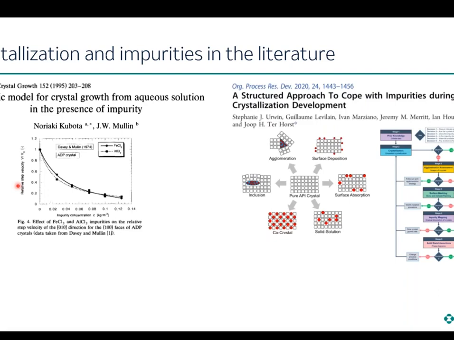More recently there's been a nice guide for the practitioner, from CMAC in the UK in combination with a couple of industry partners, and they've presented a structured approach to cope with impurities.